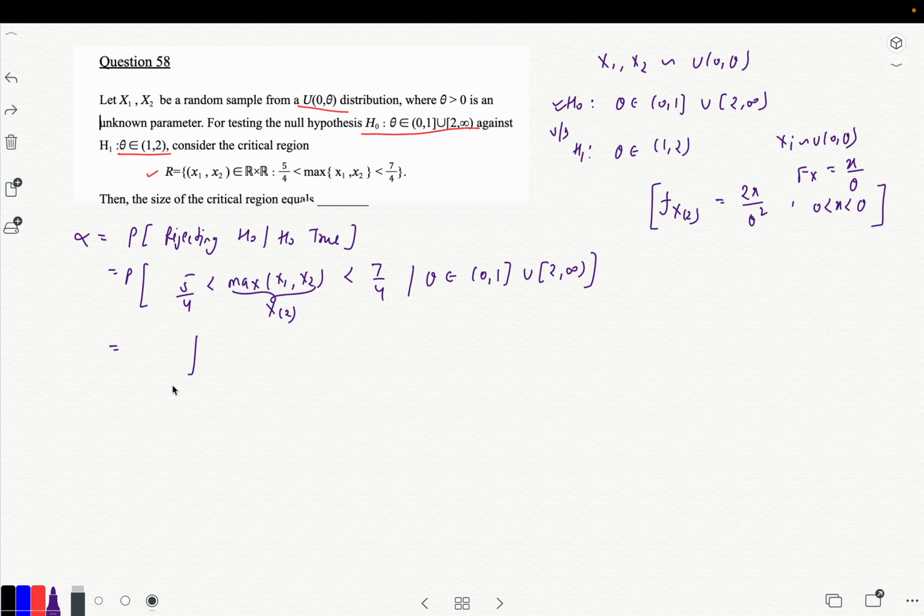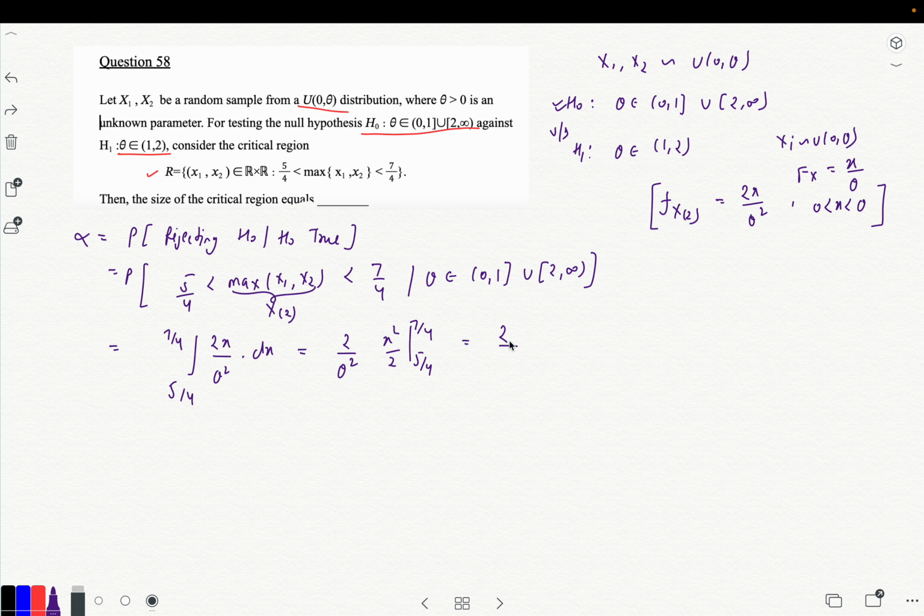What do we have to find out? We'll compute the integral from 5 by 4 to 7 by 4. I'm not going to put the value of theta right now. We'll put the value of theta in the end, after understanding why we are putting that particular value. For now we are just computing the integration of 2x by theta square dx. So 2 by theta square times x square by 2, from 5 by 4 to 7 by 4.